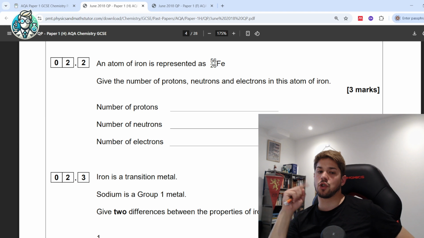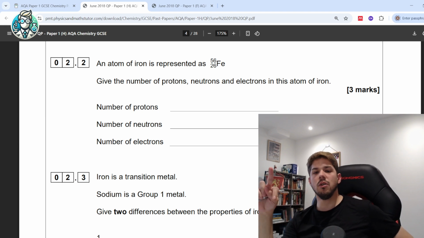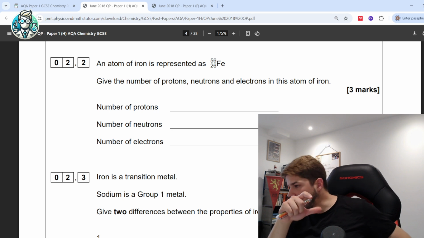And they give you the example of sodium to compare iron with sodium, and they ask you to find differences.